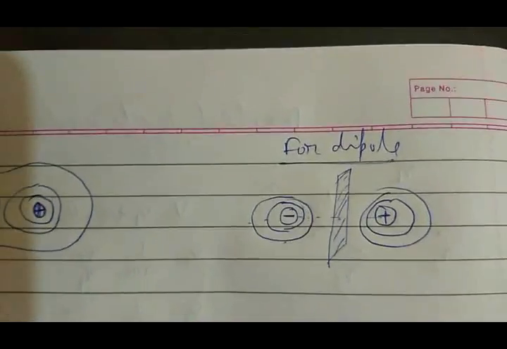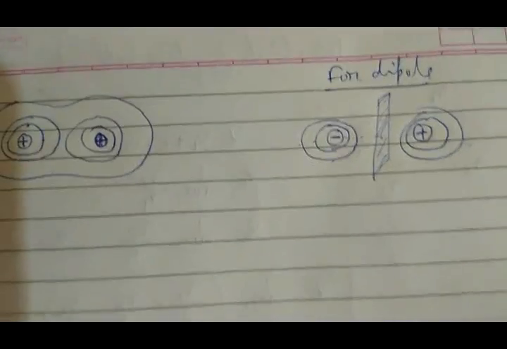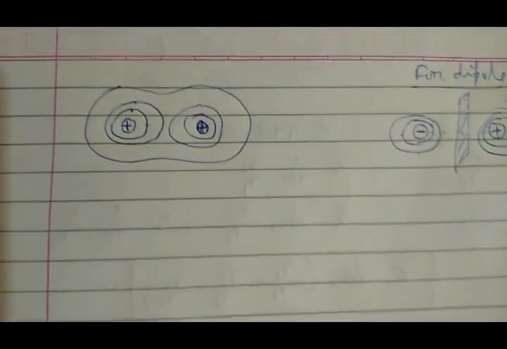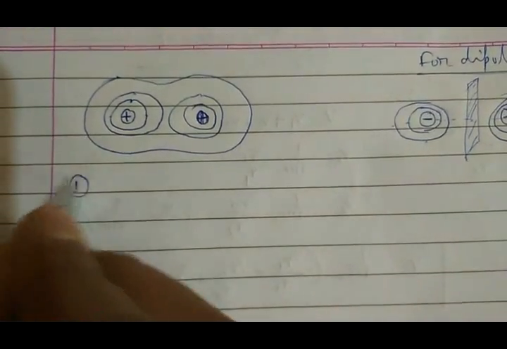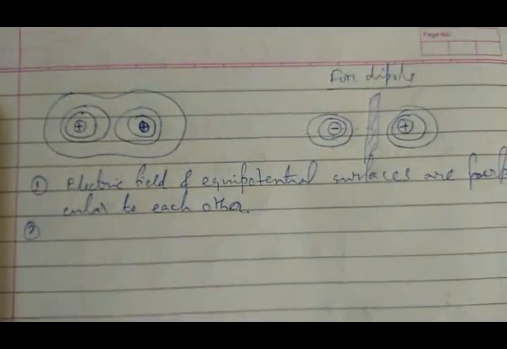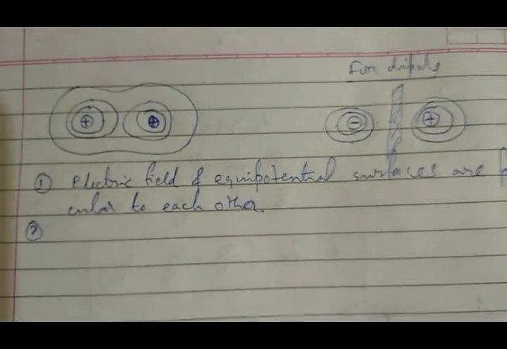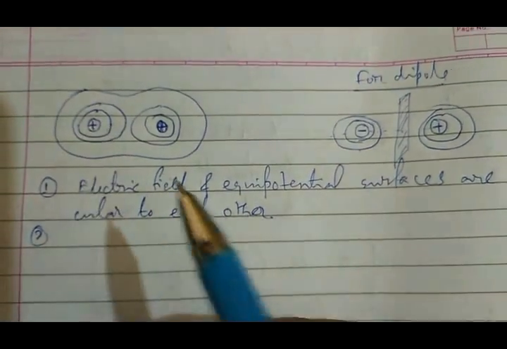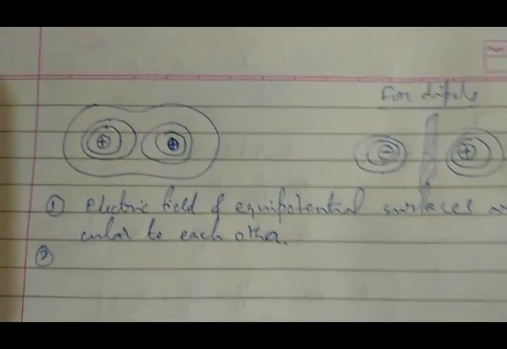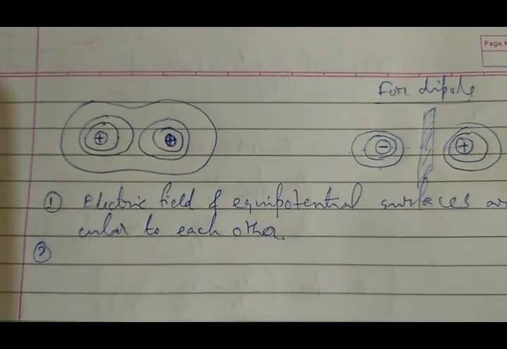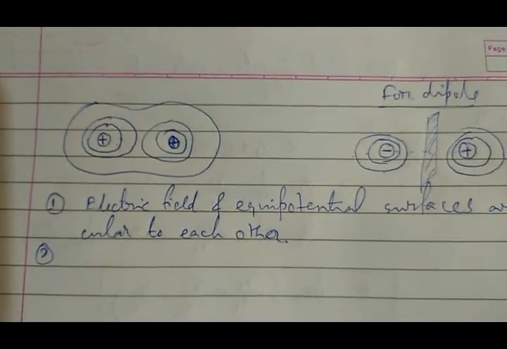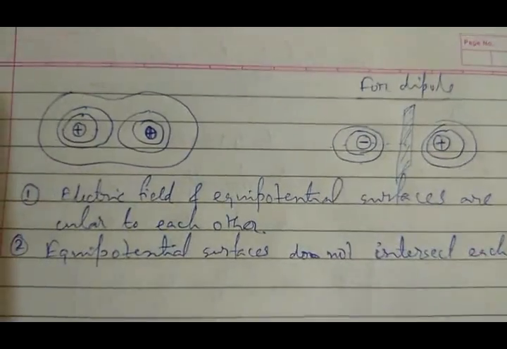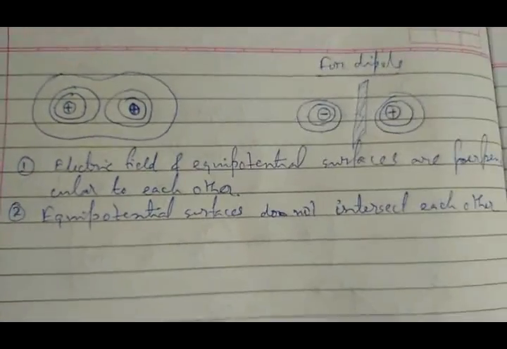Now these equipotential surfaces have some interesting properties. For example, the electric field and equipotential surfaces are perpendicular to each other. Already said that. Secondly, these equipotential surfaces do not cross each other. If they crossed, then at that point there would be two directions of electric field. So equipotential surfaces do not intersect each other.